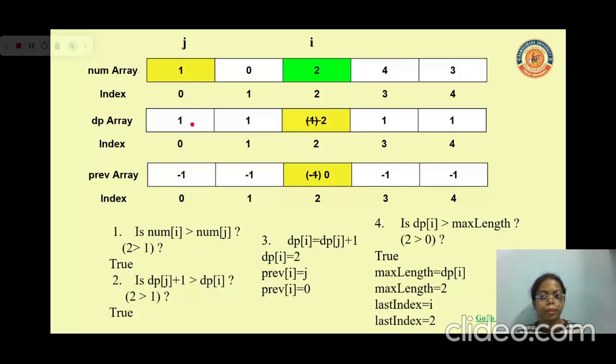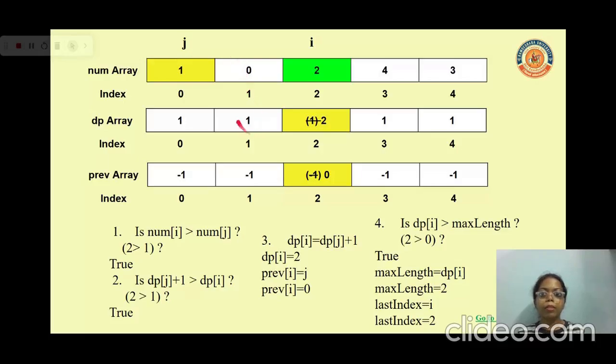I am standing at this position, and I am checking for position j. This is the first element, so it will not have any previous element. Let us say I am at 1, so 1 has a previous element at the 0th index, so it might have formed some subsequence with this element.